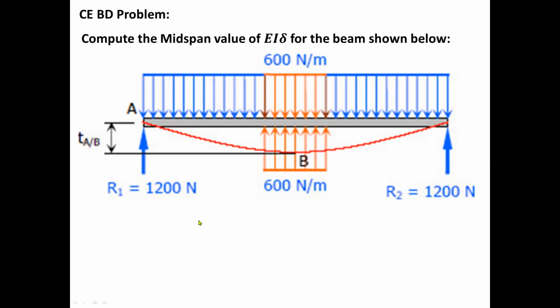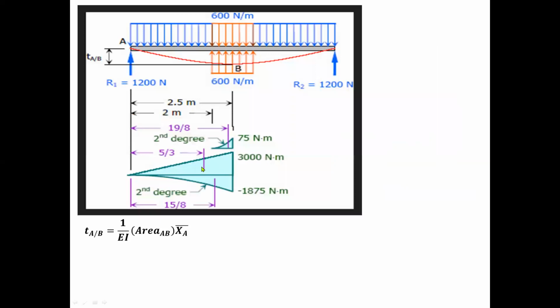And then, ito yung ating T slash AB. Yung deflection natin sa gitna. By symmetry, ganyan naanap yung 1,200 Newton. And for the continuation, hanapin natin ang TA slash B.